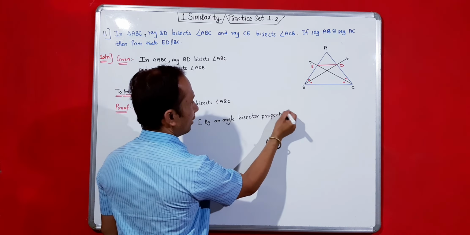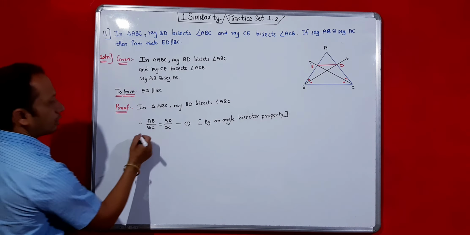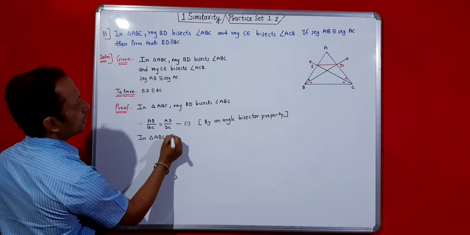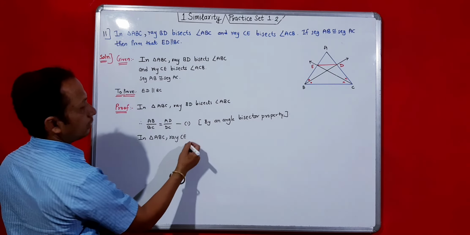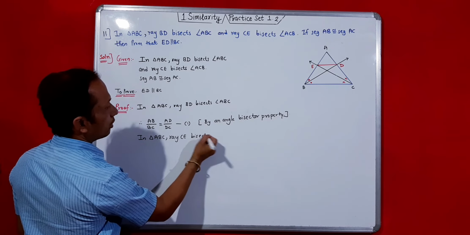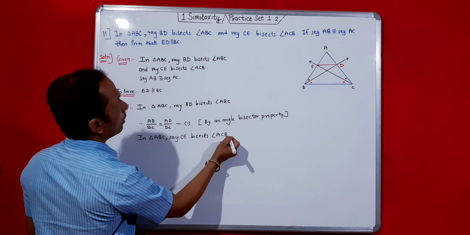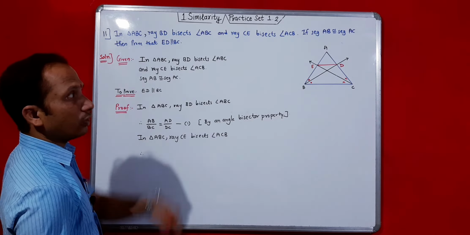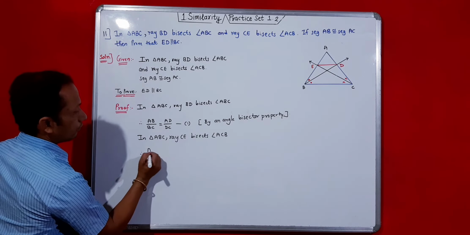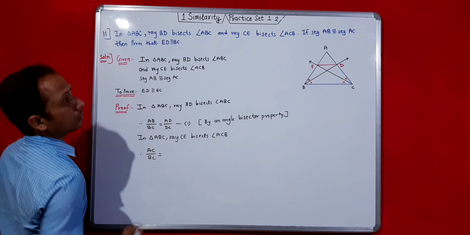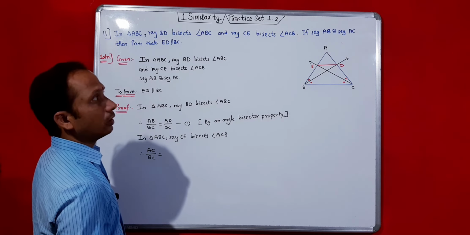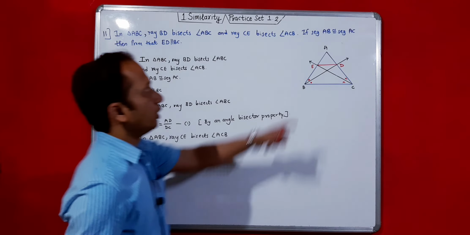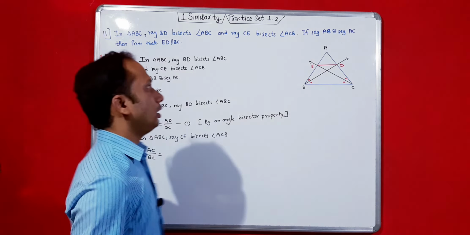Okay, in the second case, again in triangle ABC, next what is given? Ray CE bisects angle ACB. Therefore, again the same thing, by the angle bisector property, AC upon BC is equal to AE upon EB.